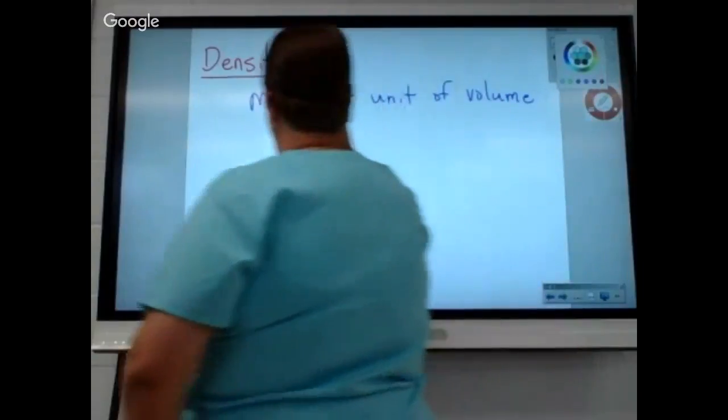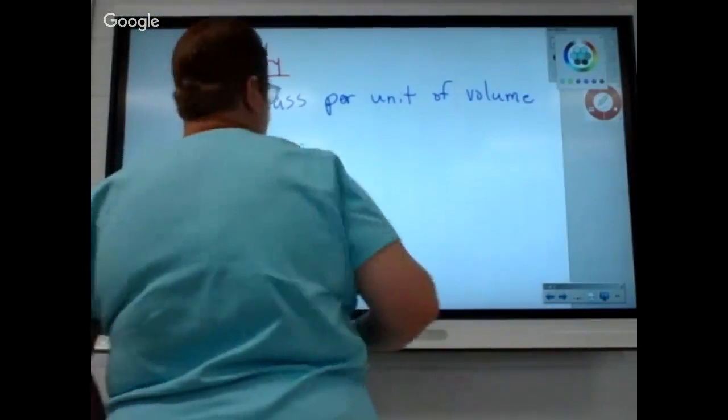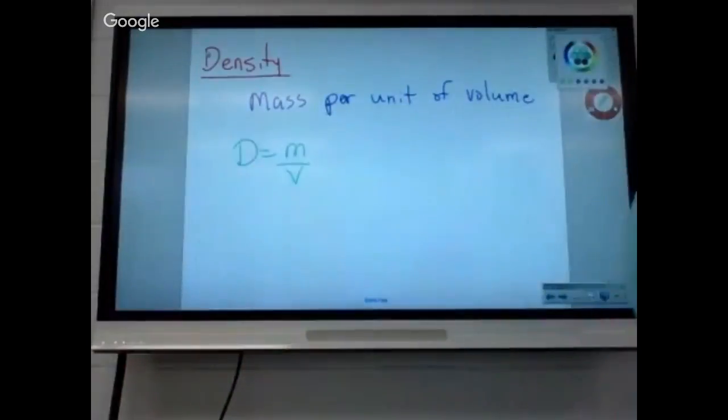It has a formula. D equals M over V. If you were taking a physics class, they would use the Greek letter rho. Why we can't agree on physics and chemistry, I have no earthly idea. But in physical science and in chemistry, we use D. In physics, they use rho.